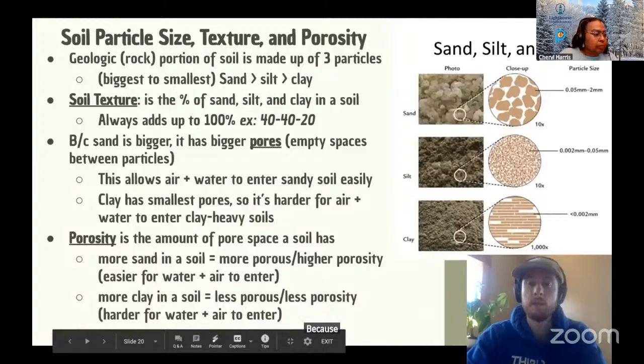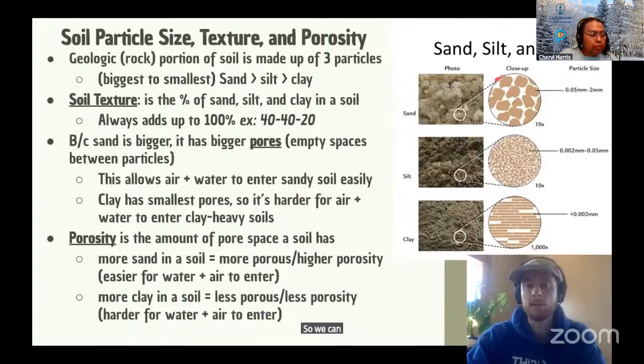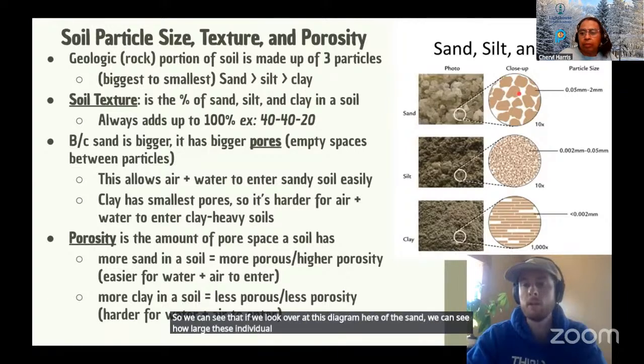Because individual sand particles are so big, the space between them, or the pores, are also really big. So we can see that if we look over at this diagram here of the sand, we can see how large these individual sand particles are, which means that the space in between them, or the pores, is also going to be very large.